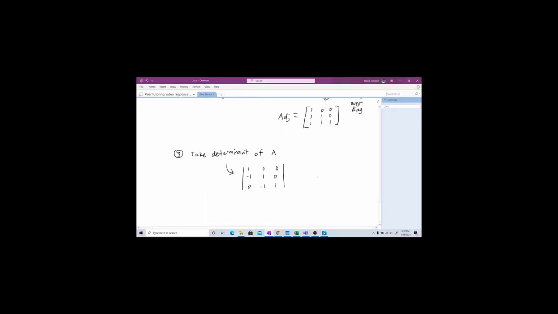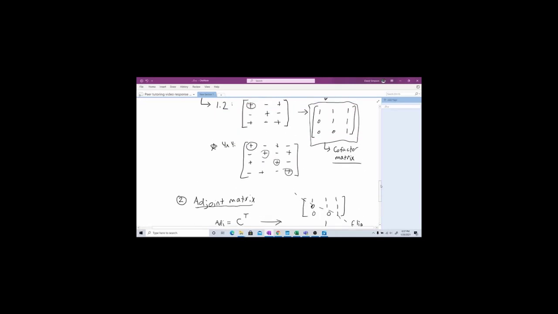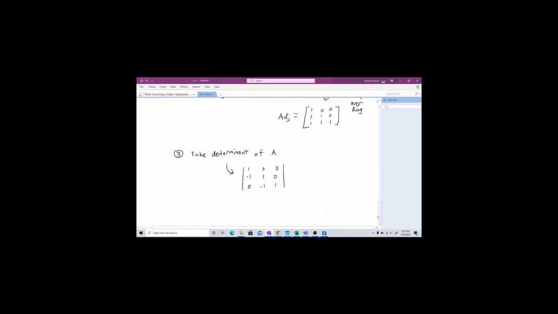So to take the determinant, we're going to do sort of the same process we did with the minors up here, which is basically go across a row. We're going to go across this top row. There are many videos about how to take the determinant of a matrix. This is a fairly tricky process. So if you don't understand what I'm doing, I highly encourage you to look up any of the myriad videos that are online, on YouTube.